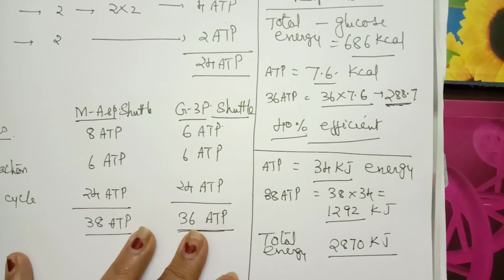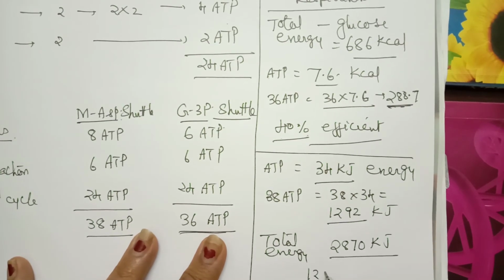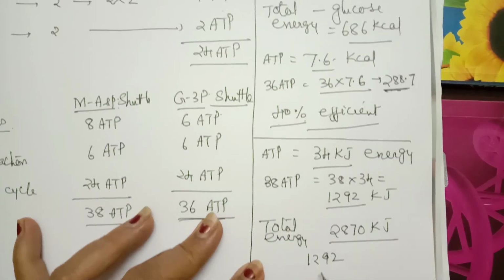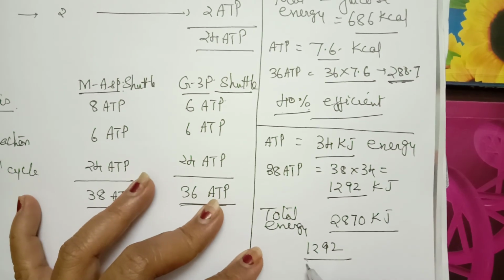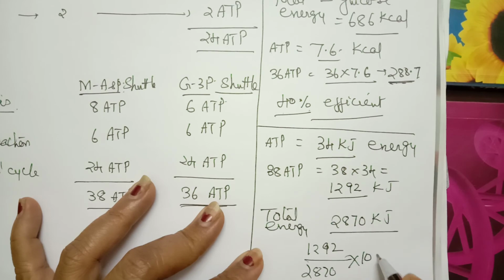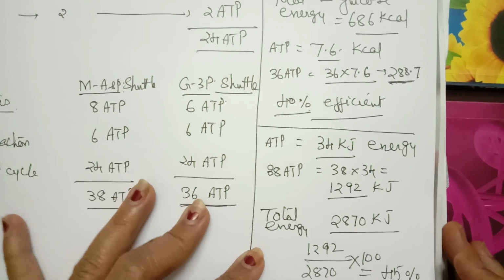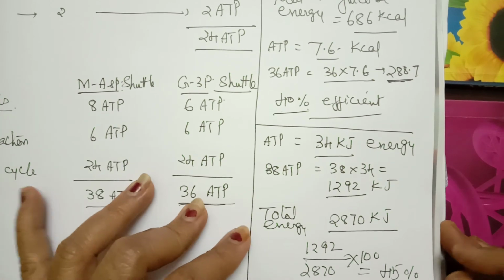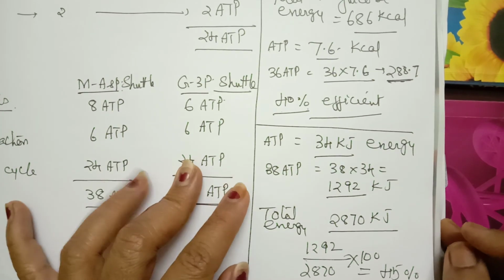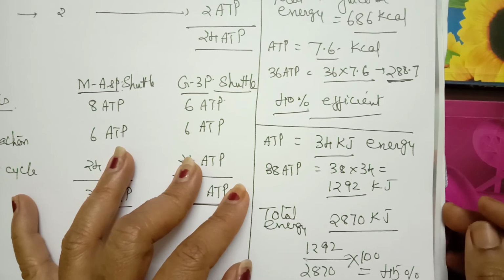So 1292 divided by 2870 into 100 gives around 45% efficiency. That means aerobic respiration is 40 to 45% efficient. This is called the energetics of aerobic respiration.